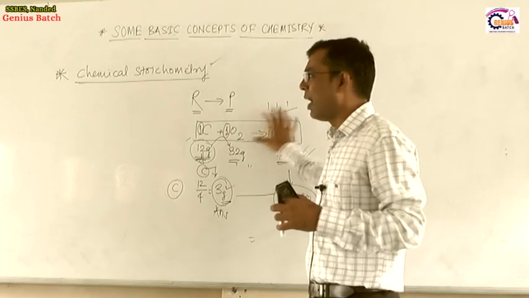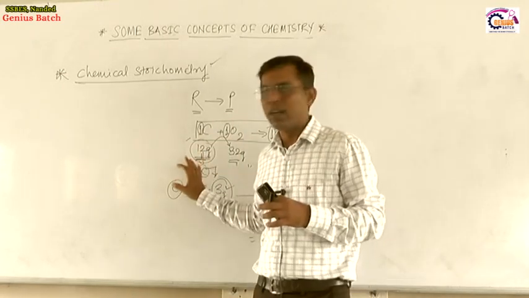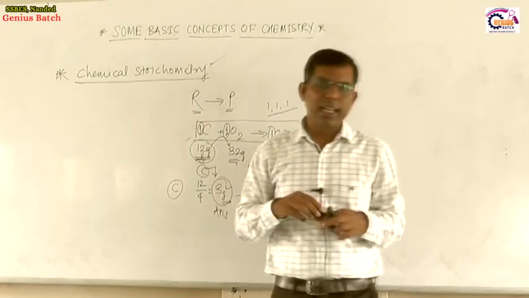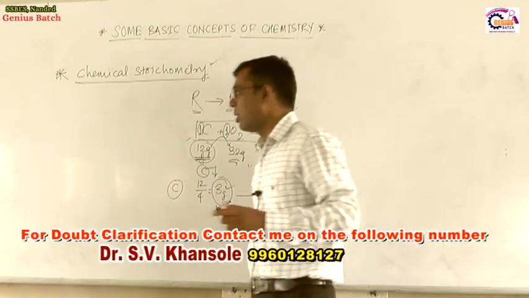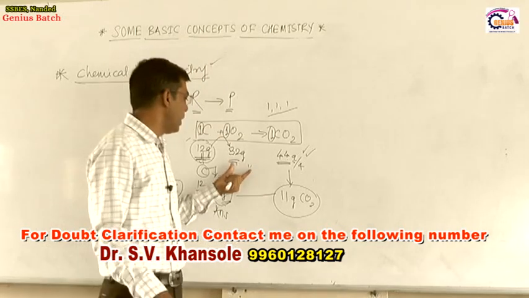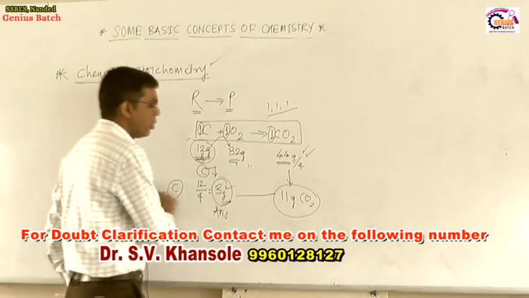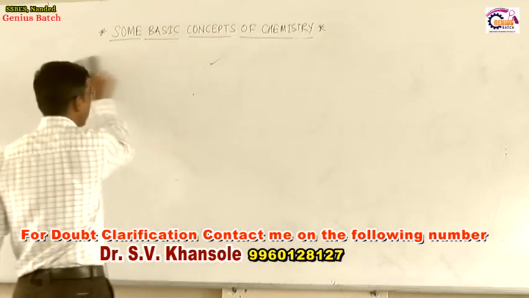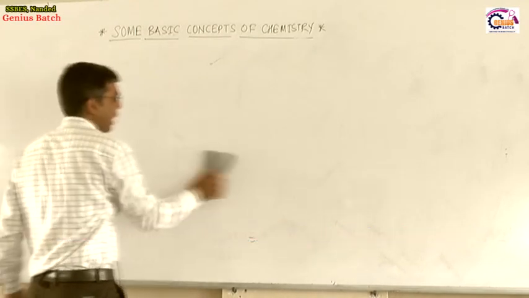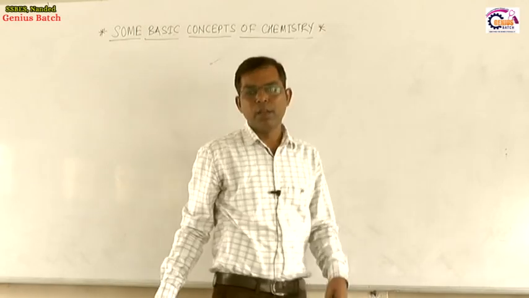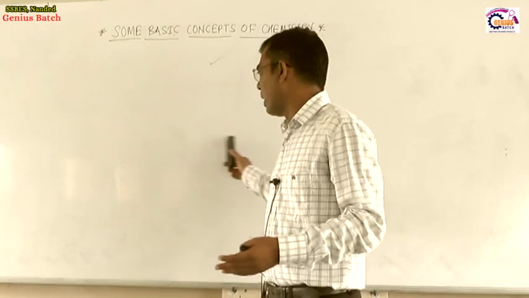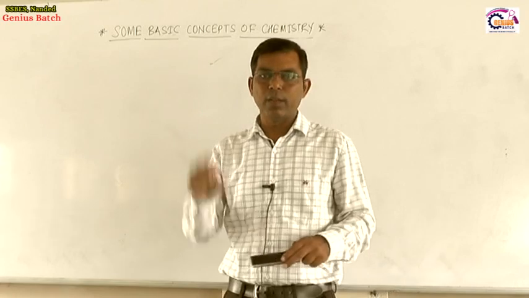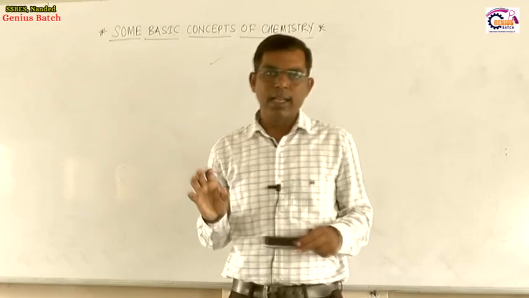Calculations based on the mass of reactant and mass of product in a chemical reaction come under chemical stoichiometry, and this is a very important concept to determine the masses of reactant and product. If the reactant mass is given, we can calculate the mass of product, or if the product is given, we can calculate how much reactant is required if a balanced chemical reaction is given.